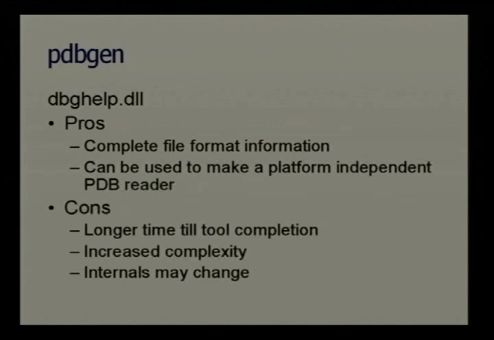So the reader, debug help.dll. What are the pros? The pros are that we're going to have complete information of the file structure. And if we have this information, we can make a platform-independent reader. So let's say you want to do analysis on Microsoft binaries. You're looking for vulnerabilities, and you want to use symbolic information. You want vtables. You want all this stuff, but you want to do it in Linux.